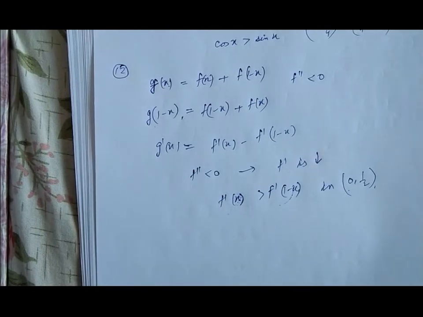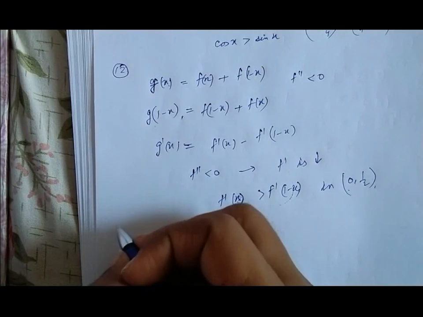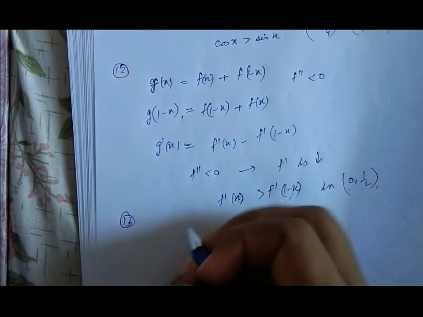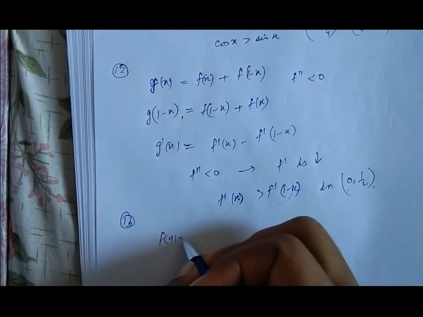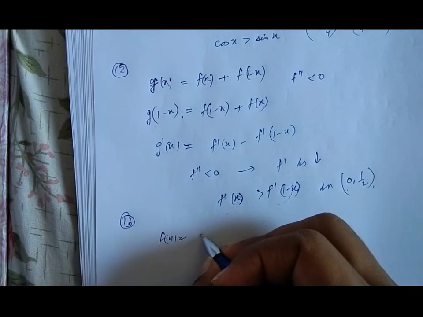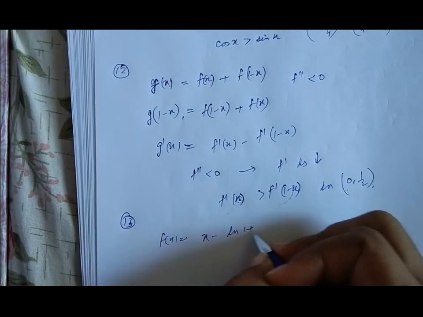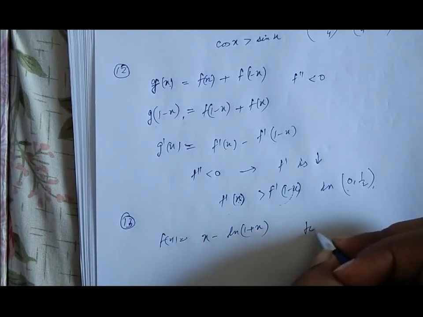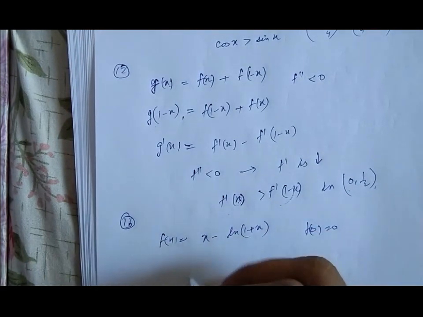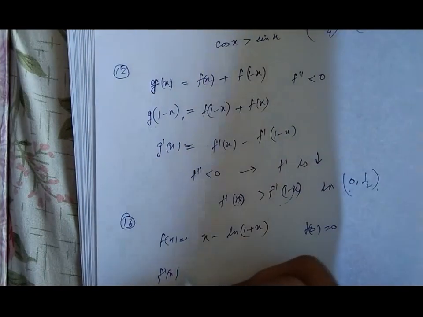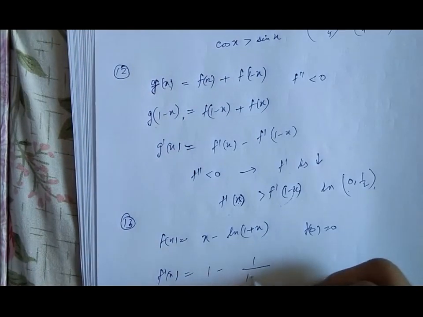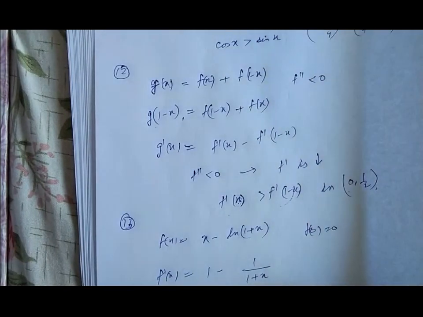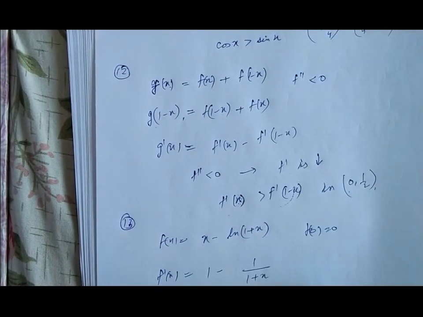Moving on to the next question, question number 13. So let f(x) is equal to x minus ln(1 plus x). We know that f(0) equal to 0. f'(x) is equal to 1 minus 1 upon 1 plus x, which is equal to x upon 1 plus x.